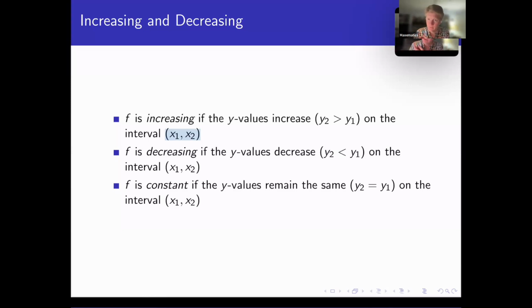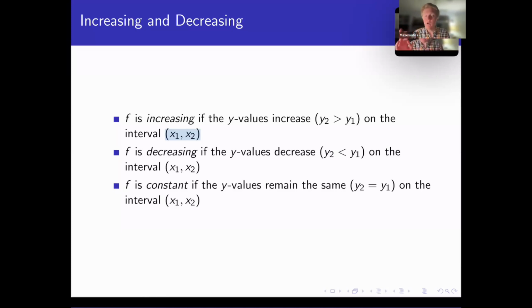Now let's say you hit the brakes at time 90 seconds, and then at time 100 seconds, your speed is lower. So from the interval 90 to 100 seconds, your speed went down. Your speed decreased. Or you can also say your speed remained constant from time equals 2 minutes to time equals 3 minutes. Let's say if you're in like cruise control or something.